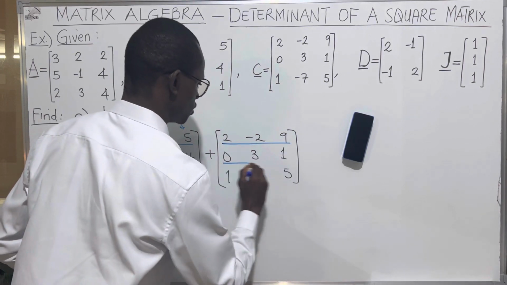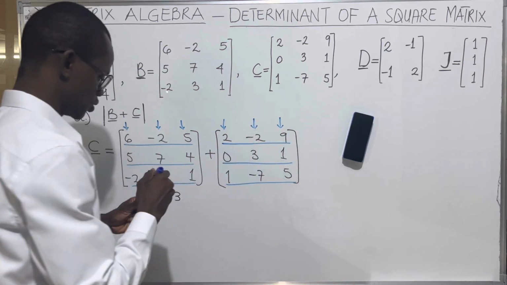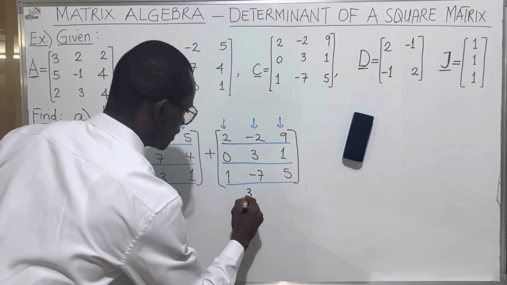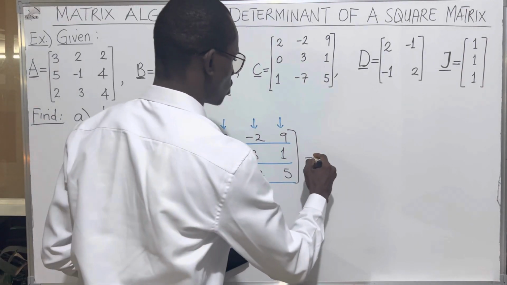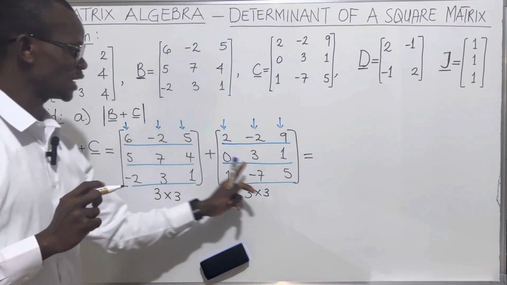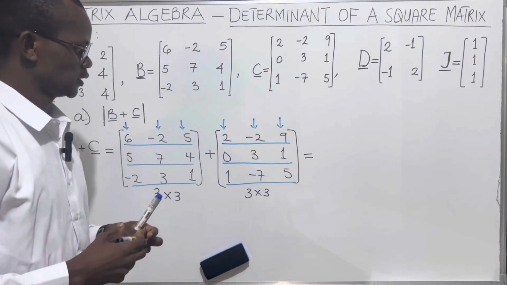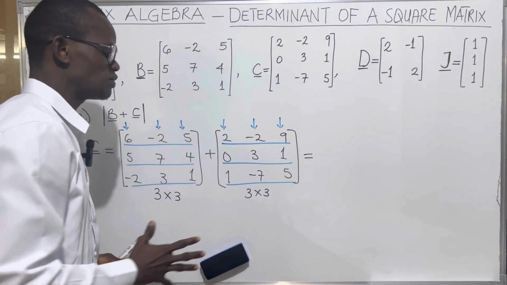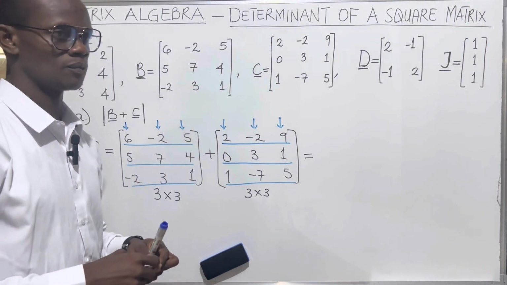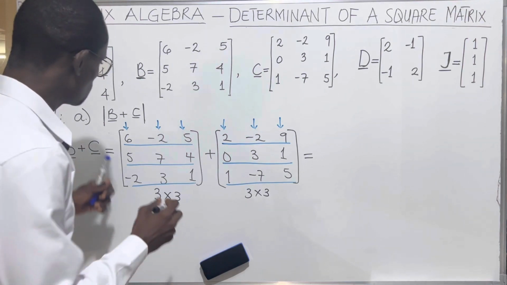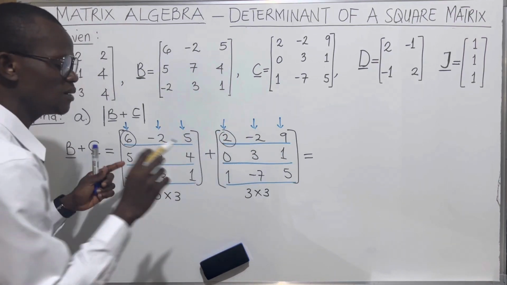So we have 3 rows and 3 columns. Because the rows and columns are the same, we can apply matrix addition. We can also apply matrix subtraction. If the columns and rows of the two matrices are not the same, you cannot apply matrix addition or subtraction, because you operate element by element in the same positions.